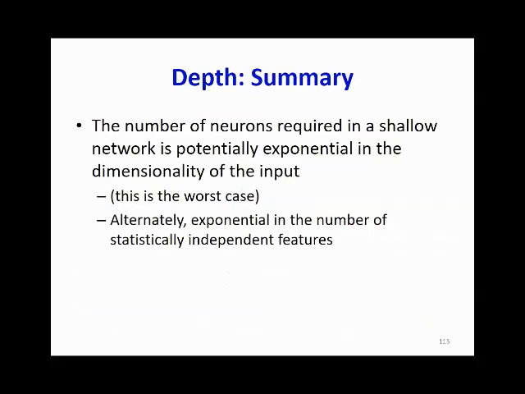So, in summary, the number of neurons required by a shallow network is potentially exponential in the dimensionality of the input, or more correctly, in the number of statistically independent features in the input. Whereas if you do this with a deep network, you can require far, far fewer neurons, which is why you need depth.